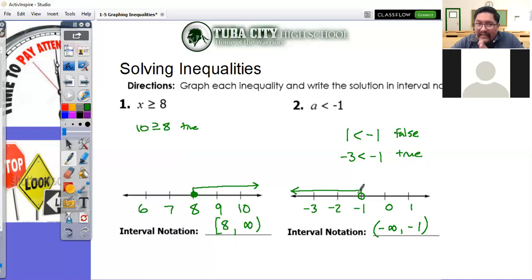It would be a little bit on this side, so it would actually be true, but I cannot pick -1, because if I pick -1, -1 less than -1 is a false statement. And that's why we use the open circle, because we cannot pick that number. Again, it's like a door, you can't pick it because it's open.